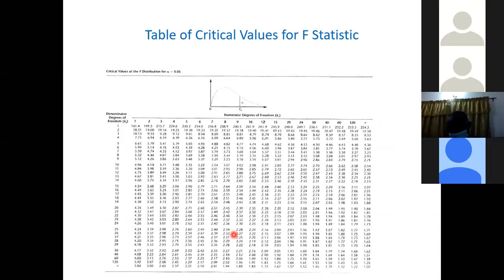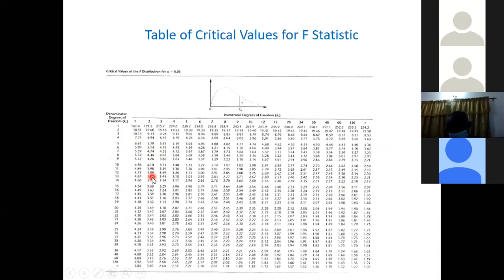If you look at it very well, for the numerator, what is the degree of freedom? It is 2, because there are 3 groups minus 1. What is the degree of freedom for the denominator? It is 12. Where the column of 2 and the row of 12 meet is 3.89.